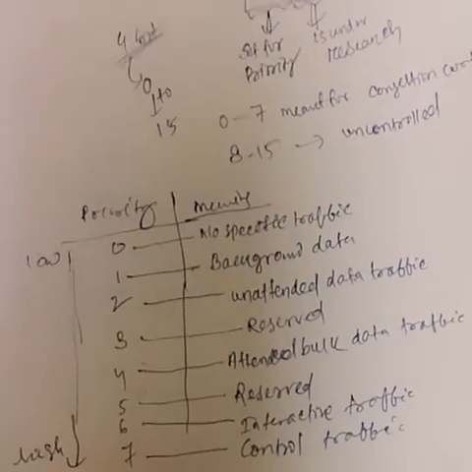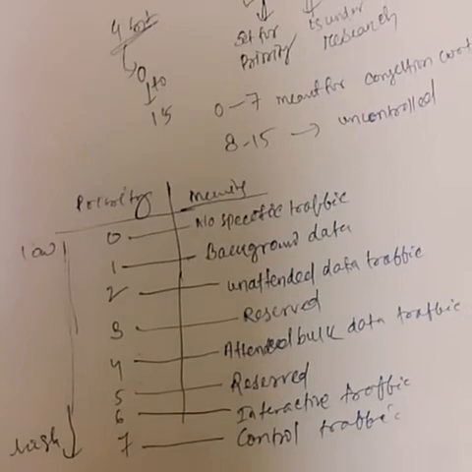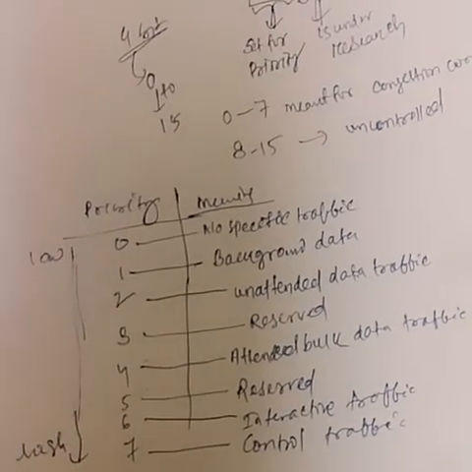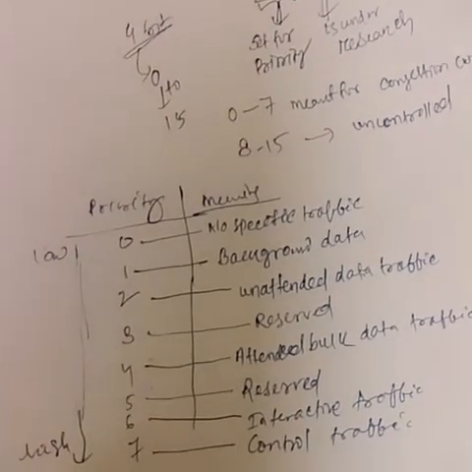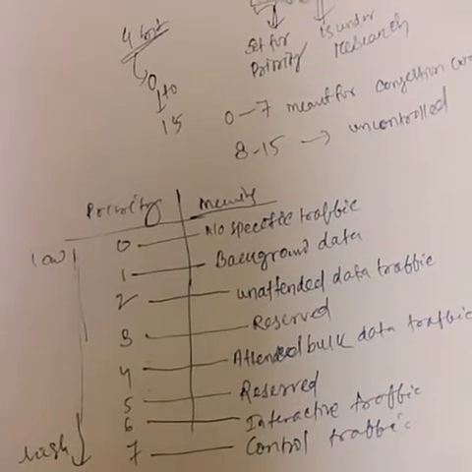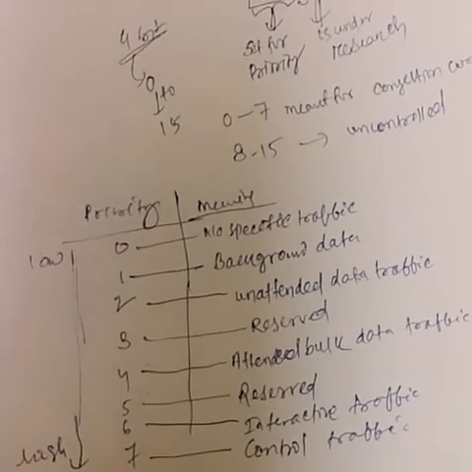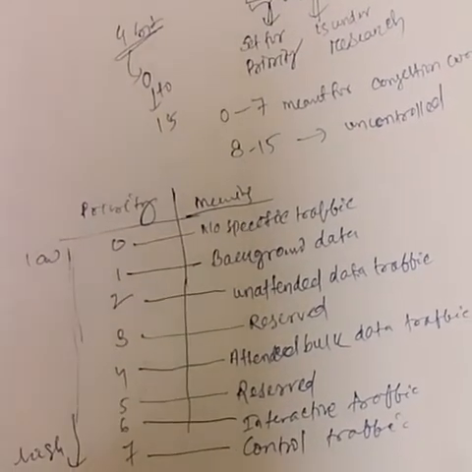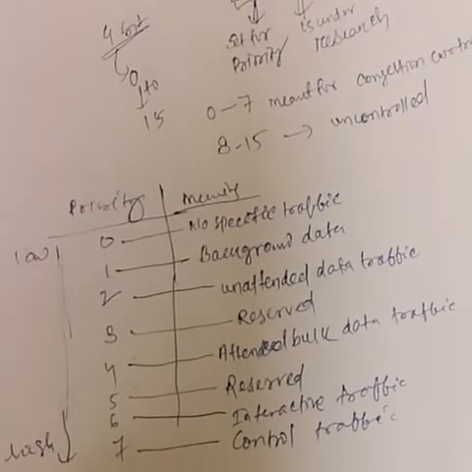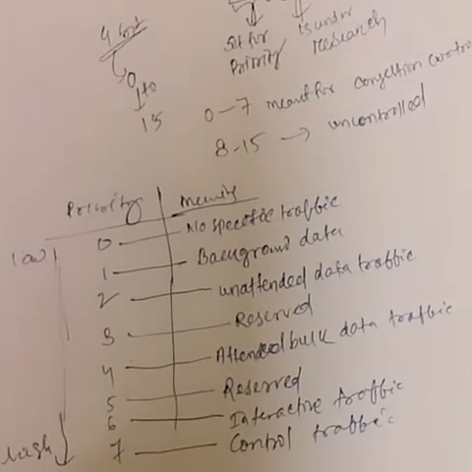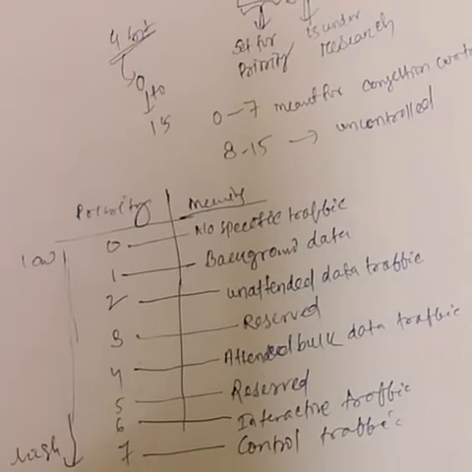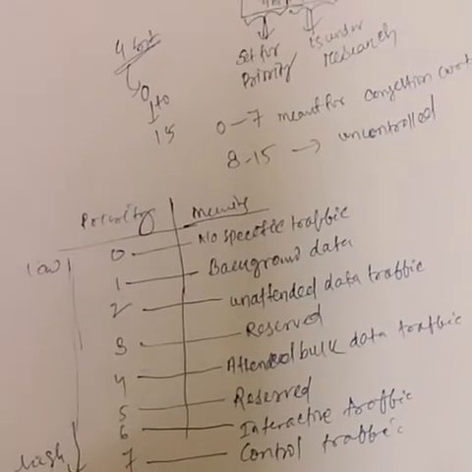Unattended means no one is sitting there and the data can be received at any time. Are you getting my point? For example, email data. Is email attended or unattended? It is unattended, because you are not always sitting with the system. Right?